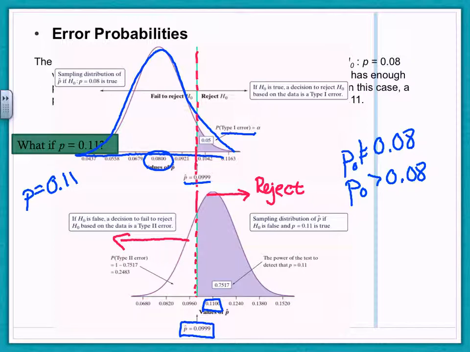So everything to the left of the line we are going to fail to reject. If we know that our null hypothesis is actually false, this now becomes our type 2 error, okay?